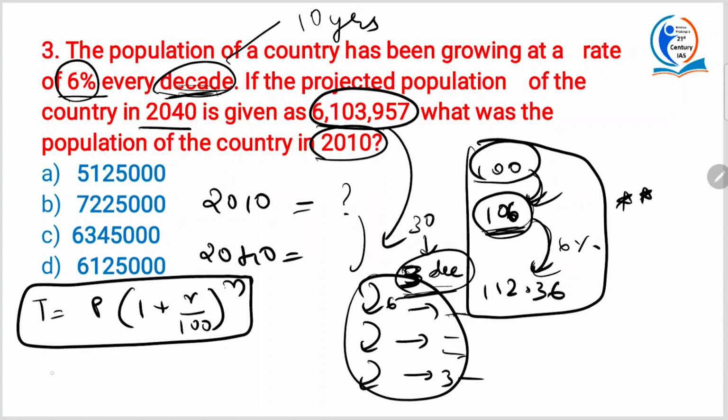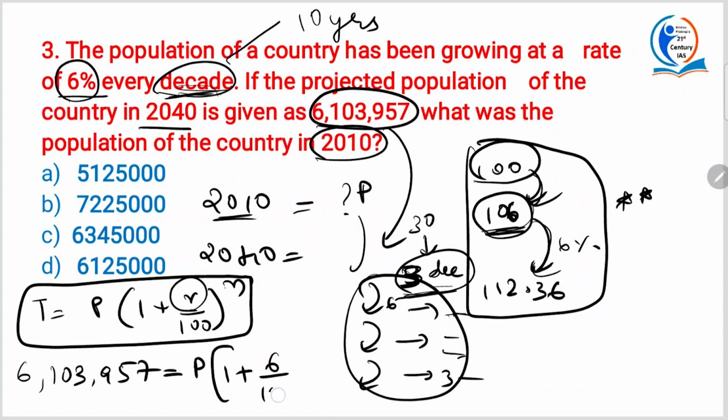Now the total is how much? 6,103,957 is equal to P, that is the required population in 2010, into 1 plus, what is the rate of increase?